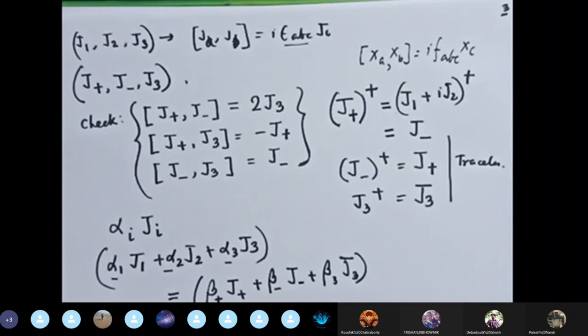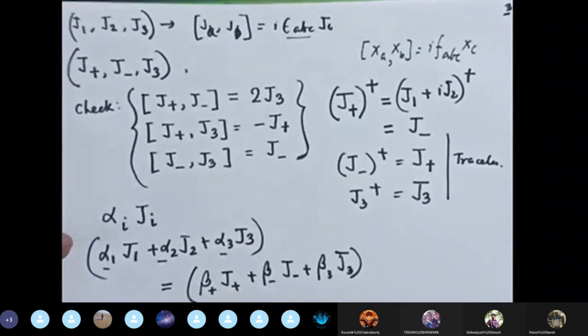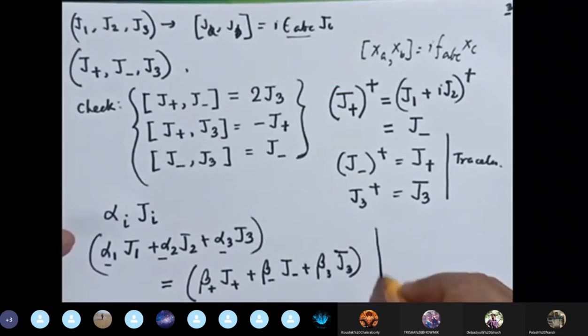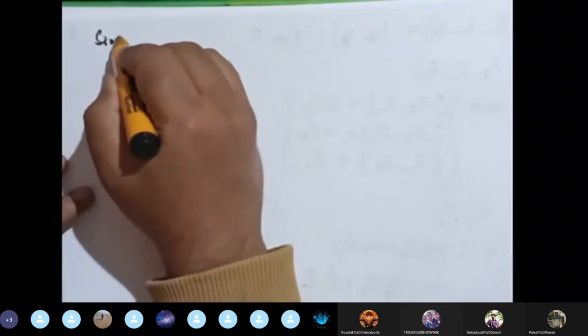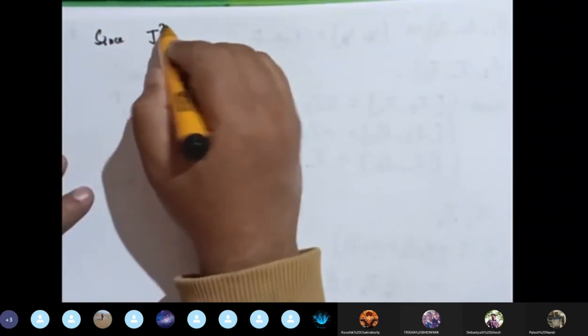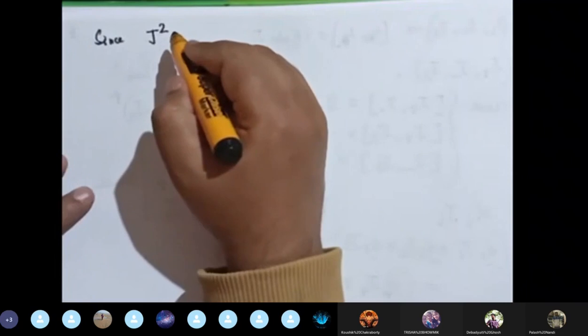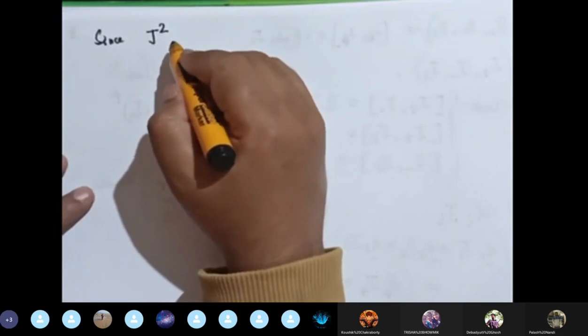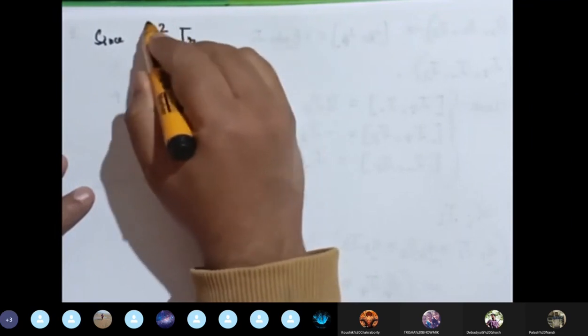Now the same technique. Since J square is a Casimir operator, it commutes with J3.